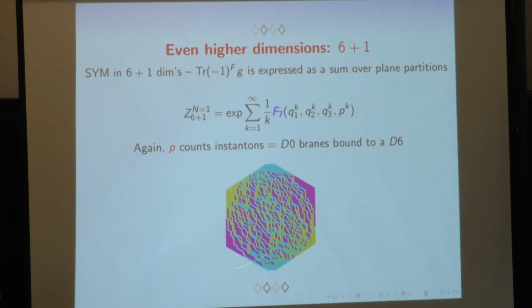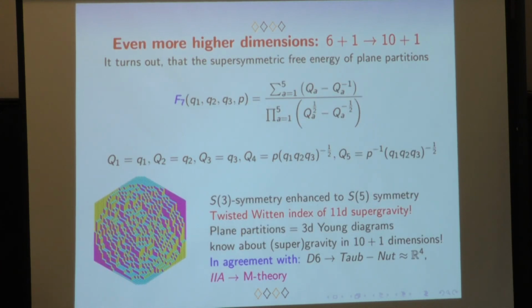So this was a 6+1 dimensional gauge theory, which you can also cast as a computation in string theory when you only take into account the ground states of open strings stretched between D6 and D0 branes. But the result can be reproduced by doing the one-loop computation in 11 dimensions. And so that's a confirmation of the duality between 11-dimensional M theory and type IIA string theory.